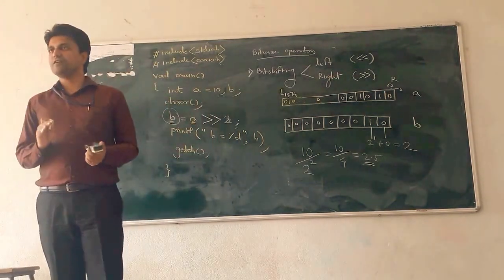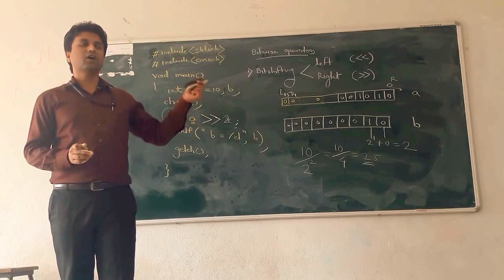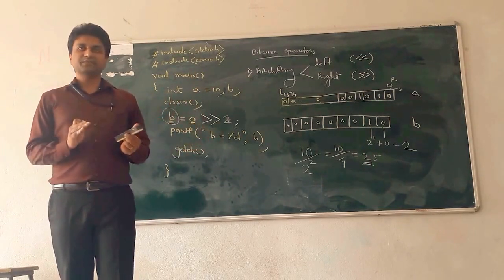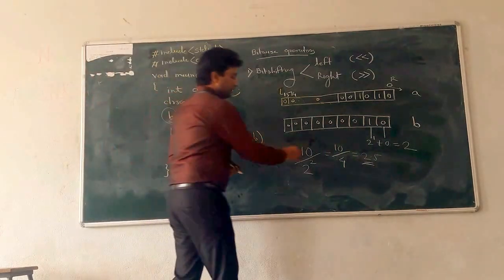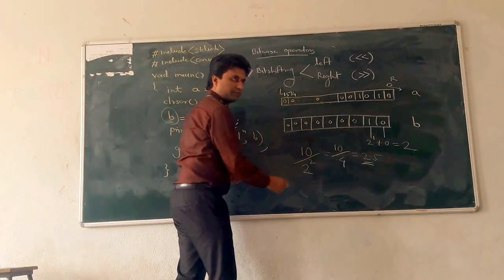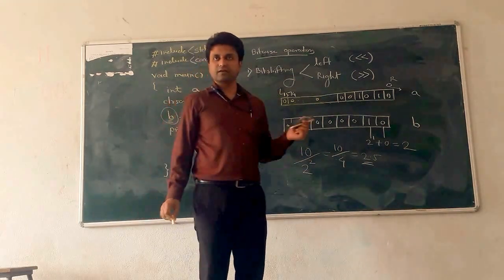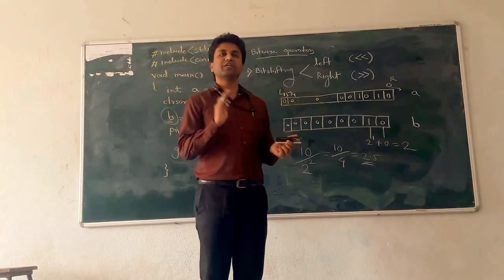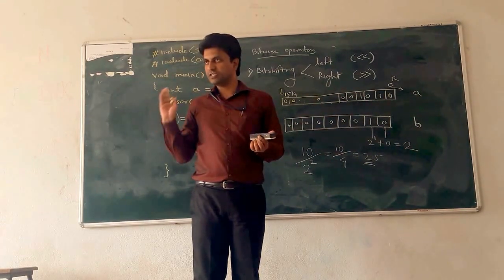When we shift any number to the right by one bit or n number of bits, that number is reduced to number divided by 2 raised to n, where n is the number of bits shifted to the right. Clear? Understood? What is the result?